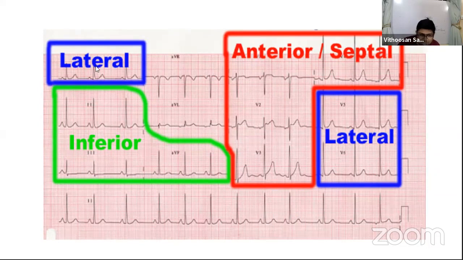Here are lead 1, 2, 3, and these are AVR, AVL, AVF. This is V1 to V6. Look at this, the normal ECG.